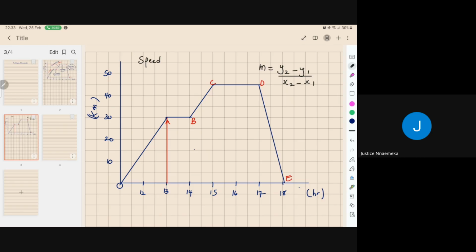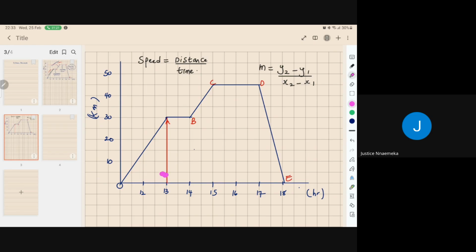Remember that speed is equal to your distance all over what? The time. That's the speed, distance over time. So if your speed is distance over time, what that simply implies is that the gradient of each of those lines on this graph will give you the speed.